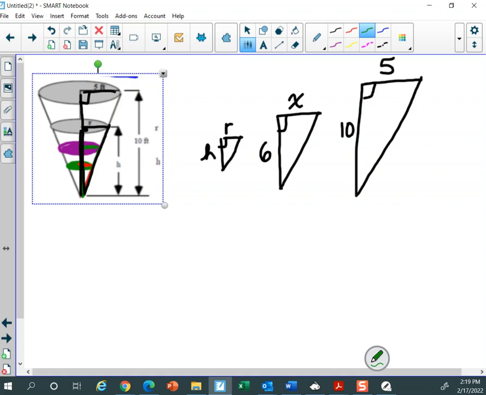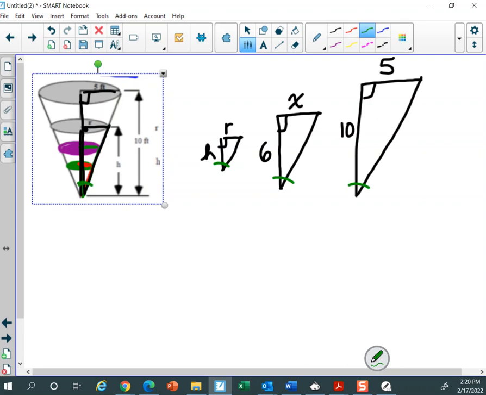Talk to me about these triangles. They're all right triangles. They all have a 90-degree angle. They all have the same angle at the bottom because they all kind of hit right here.